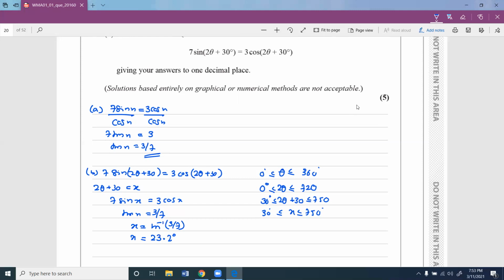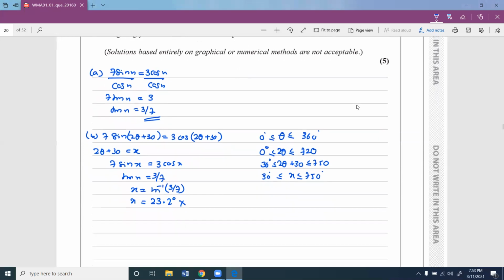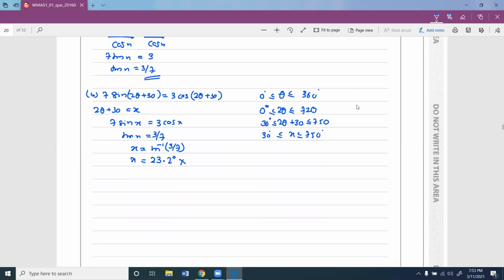Now you can see this is not in the range, but anyway, you just keep this answer, because we need it to find the rest of the solutions. Let's go ahead. The second solution for tan you can get by 180 plus the first angle. Then the second angle is 203.2.